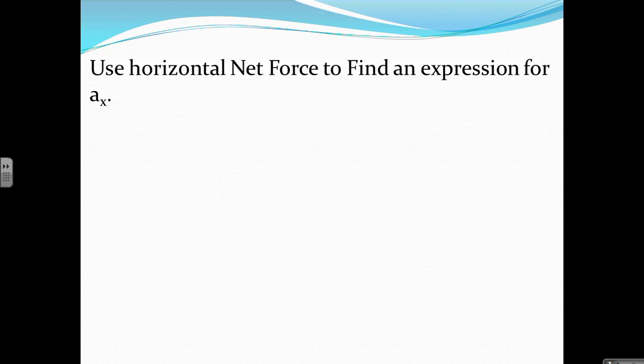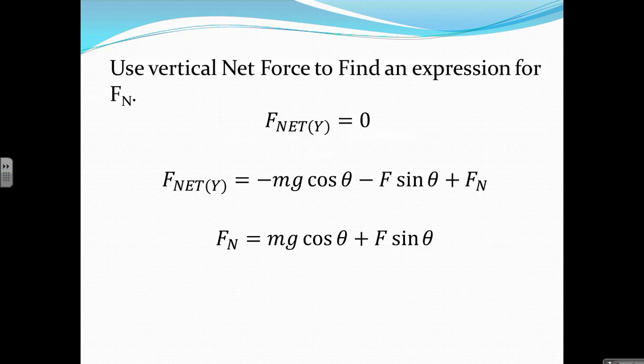In order to find the vertical, we want to try to find our normal force. I had mentioned that our net force vertically is always in equilibrium, always zero. So our F net will have mg cosine theta pointing downwards, also F sine theta pointing downwards, so those are both negatives. And then pointing upwards is our normal force.